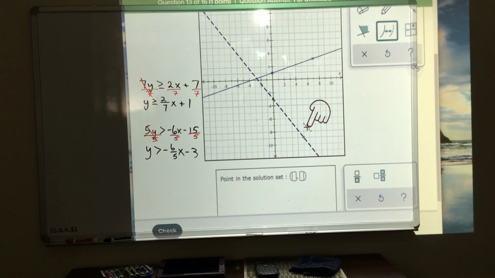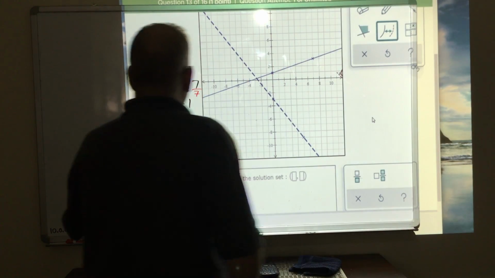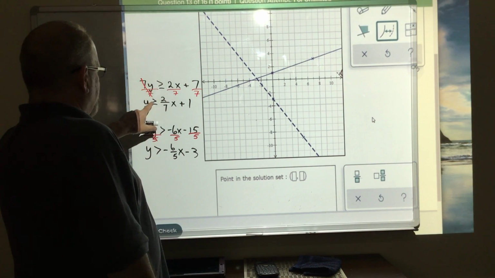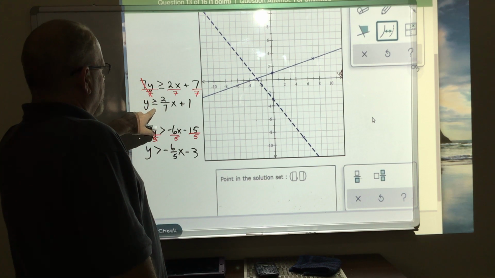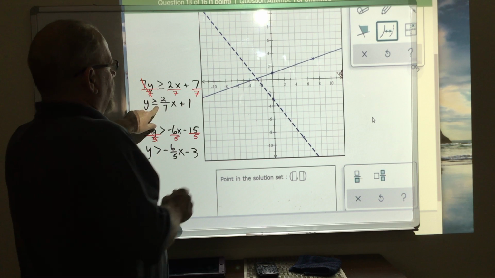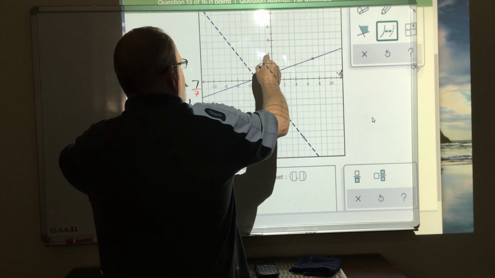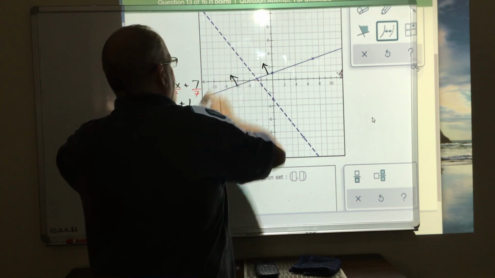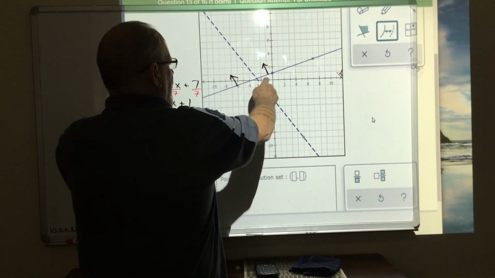Is that the right one? Yes. Okay. Now, I want to shade on this one. It's greater than. So I'm going to shade above. Greater than or equal to. So I'm going to shade this side. See, I put one on each side of that line.